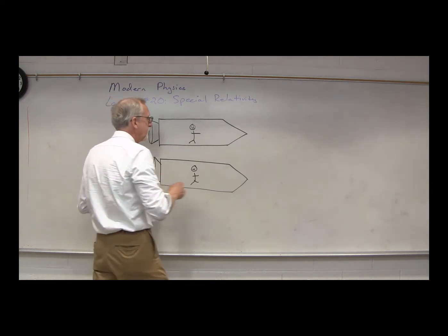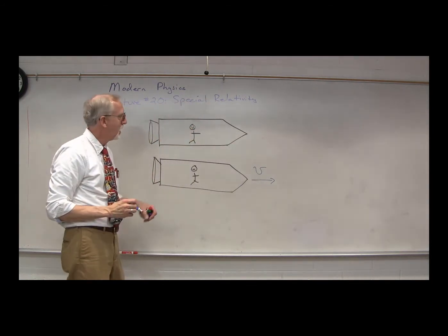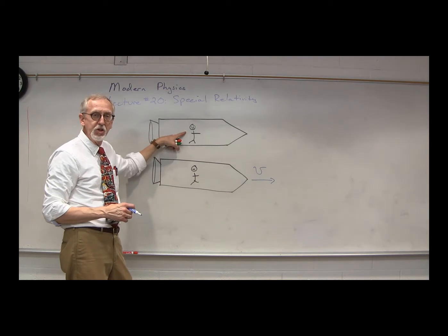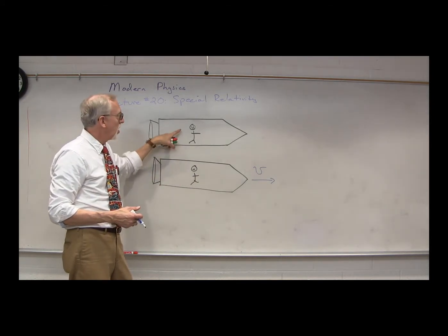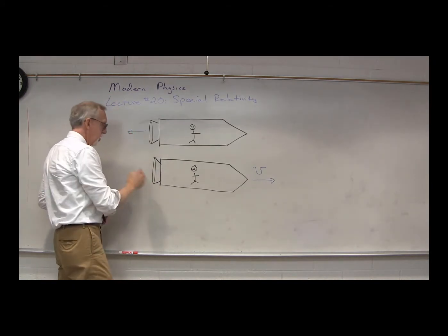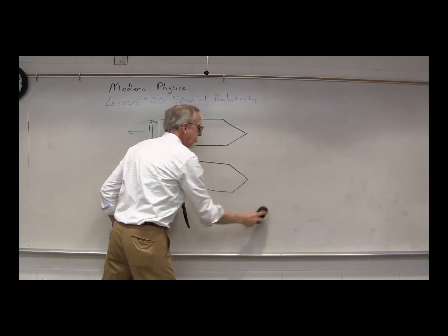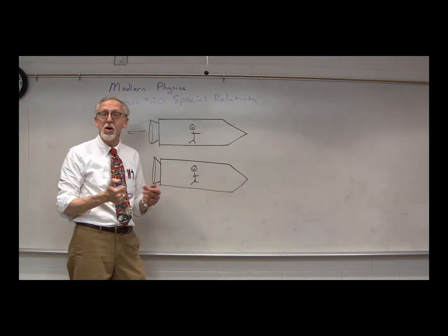Perhaps this rocket is moving this way at some velocity v, and this one is stationary. There's nothing this person can do to determine whether they are stationary and that one's moving, or are they moving this way while this rocket is stationary.